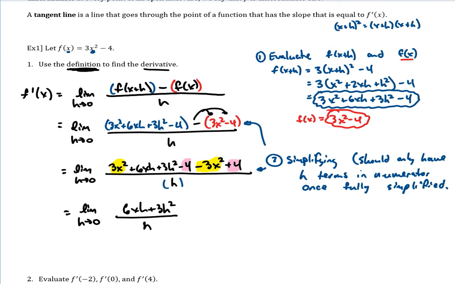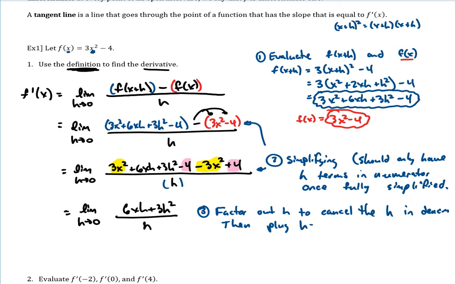Okay, but anyway, now it's again very similar to where we've done this before, where our third step is, well, still to continue simplifying, but let's factor. So factor out h to cancel the h in the denominator. And then after that, plug h equals 0 into any remaining h terms.